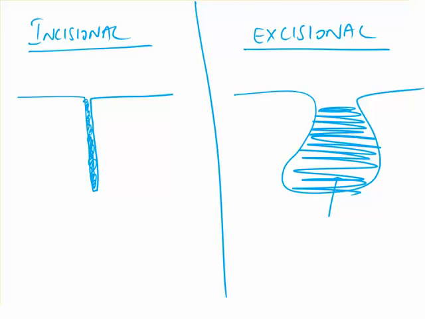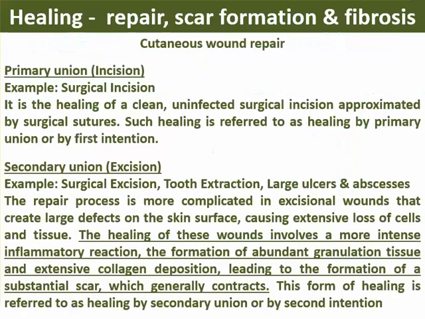In both wounds, you have to see the granulation tissue after a week. Because inspection of granulation tissue is very, very important. It gives us a picture of what is happening to the healing.